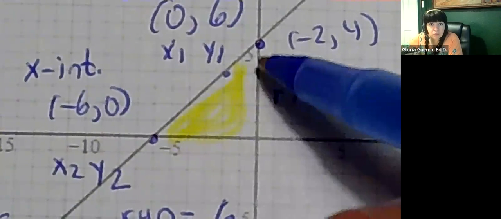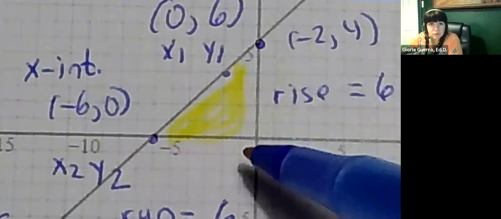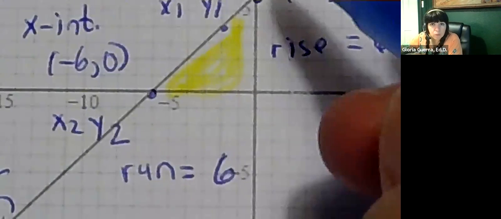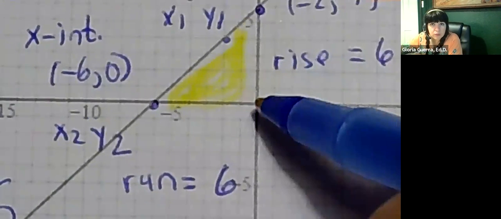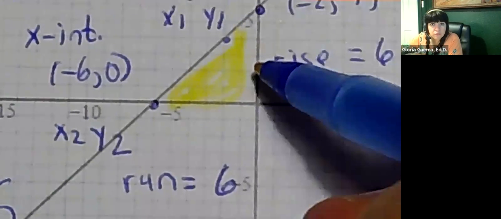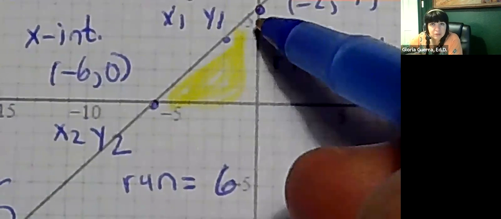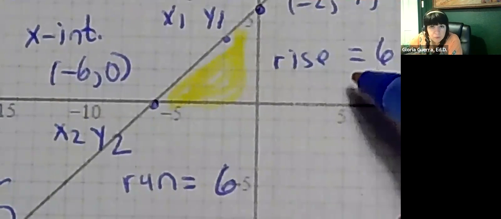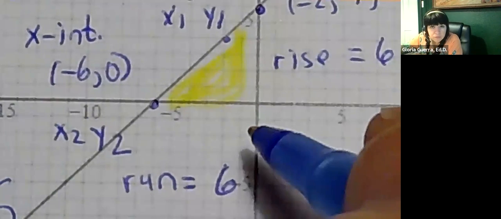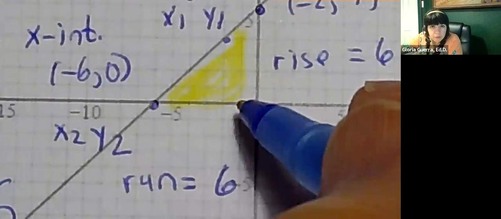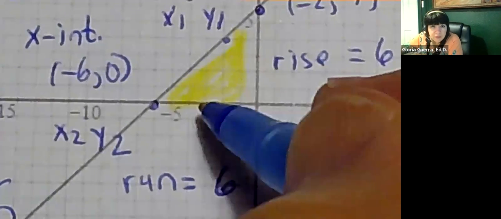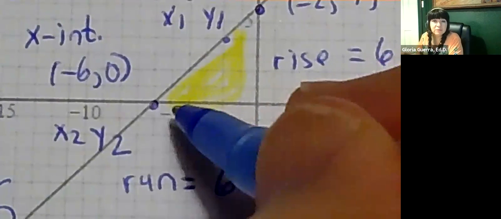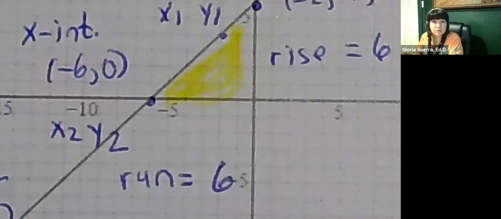This is my run. So if I count my rise, this is 1, 2, 3, 4, 5, 6. Okay, it's 6. Rise is 6. And then run 1, 2, 3, 4, 5, and then this counts to 6. Okay, so my rise is 6 and my run is 6. Do you see that?